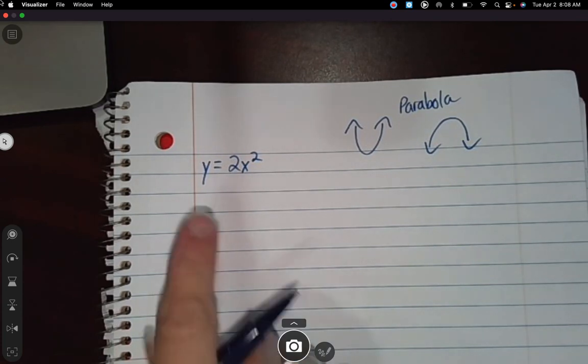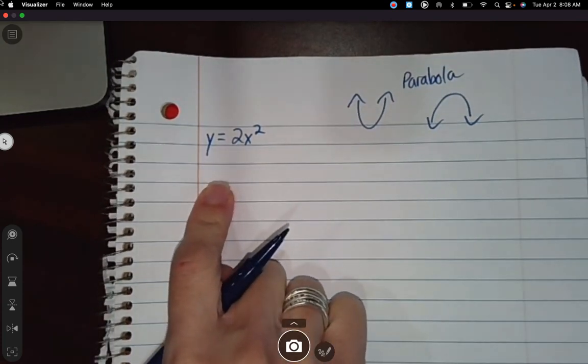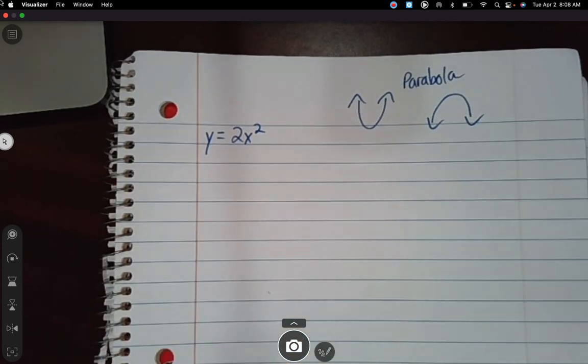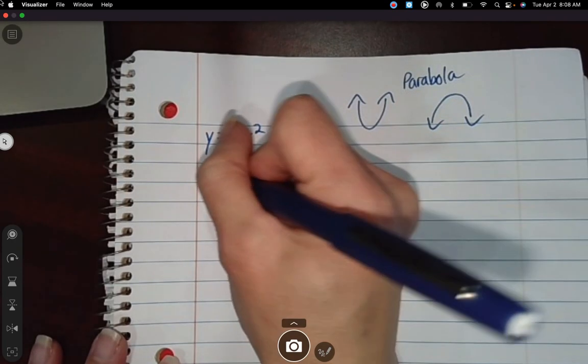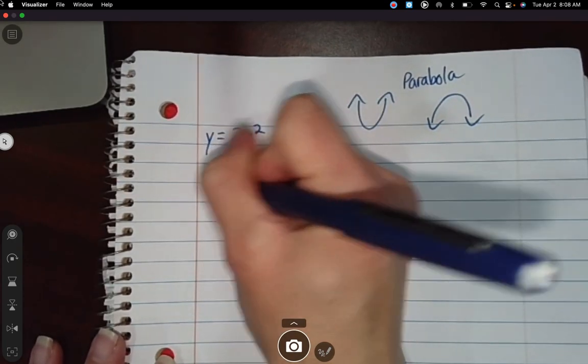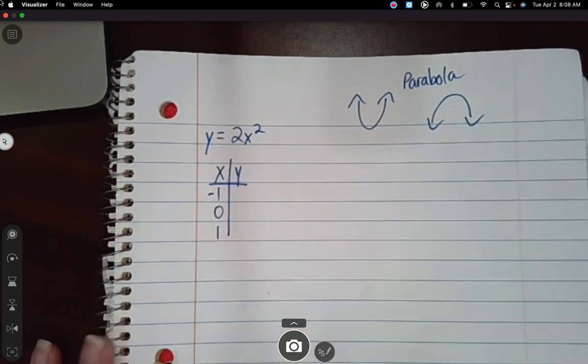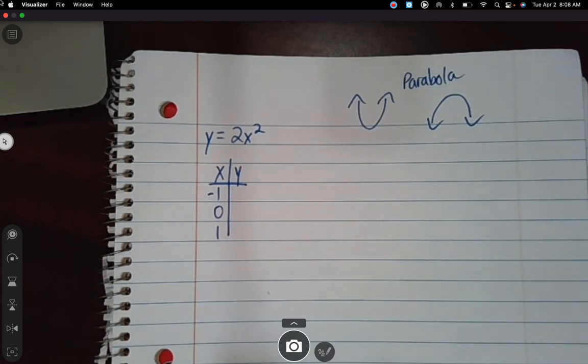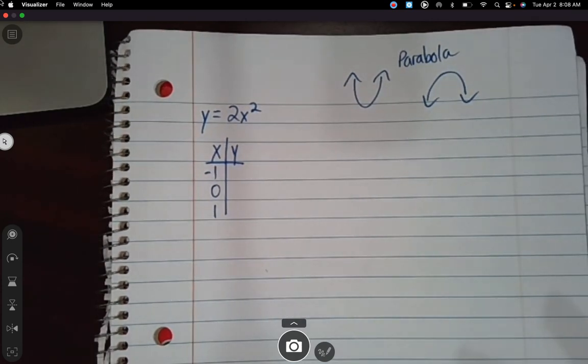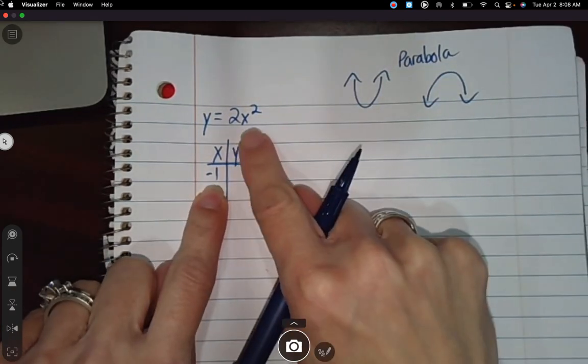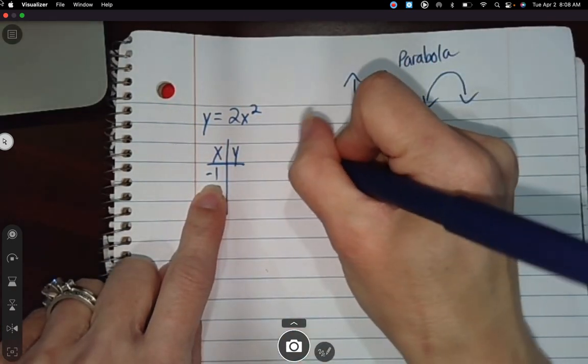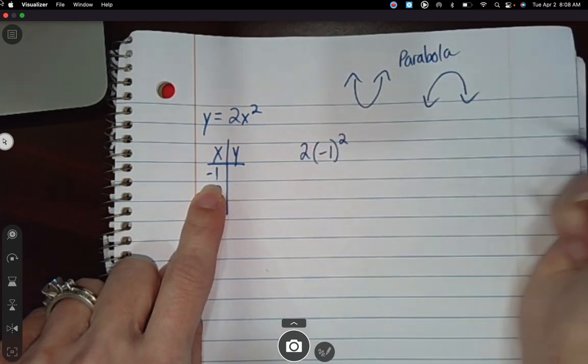So, like, I know that this was a basic one that we learned on Thursday, so I need to pick a negative and a positive number. So on Thursday, we just picked -1, 0, and 1. You have to have at least 3 points, okay? 2 points make a line, so you need 3 points so that you can see how it's rounded. Now, if I plugged this in my calculator, I know y'all don't have them, but that would be 2 times -1 squared.